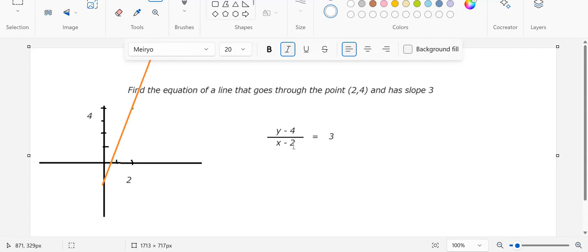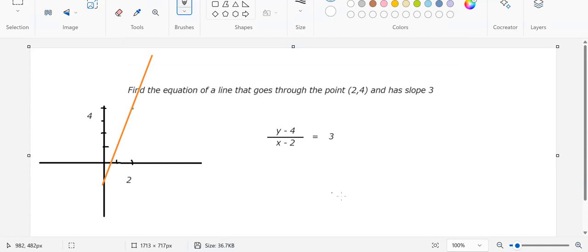So we don't fill in the x and the y. We leave them open like this. That's the standard thing that we do, but I just wanted to emphasize that here. So we write this equation so that we can find any point on the line using this equation. So any x comma y.